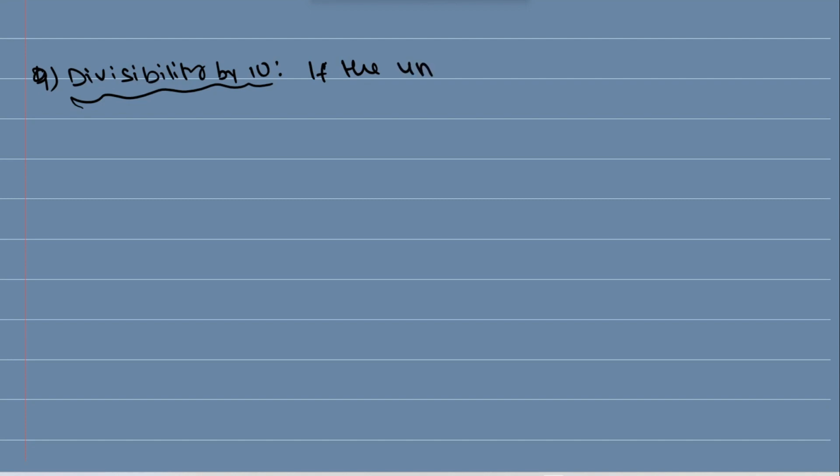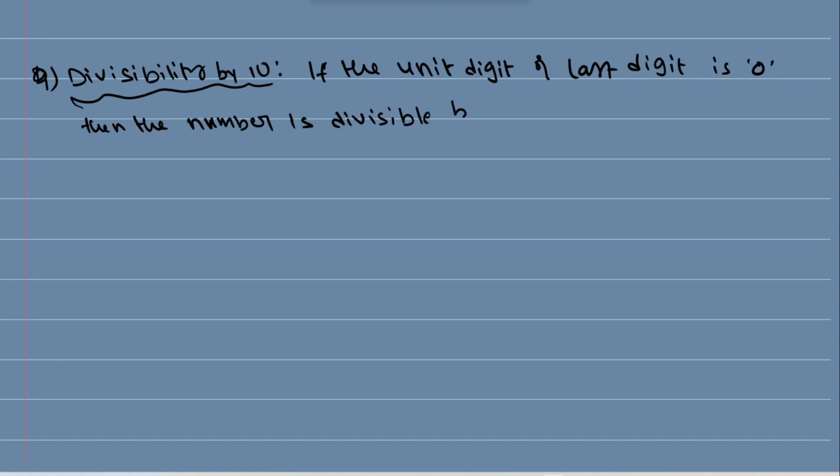Examples: 10, 100, 50, 70, like that. Any number that ends with a 0 is divisible by 10.